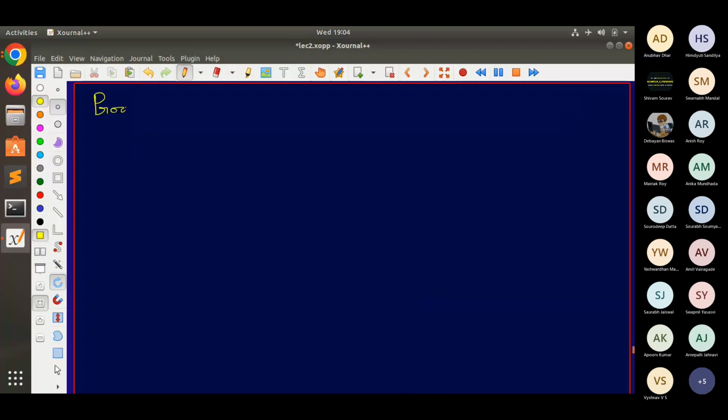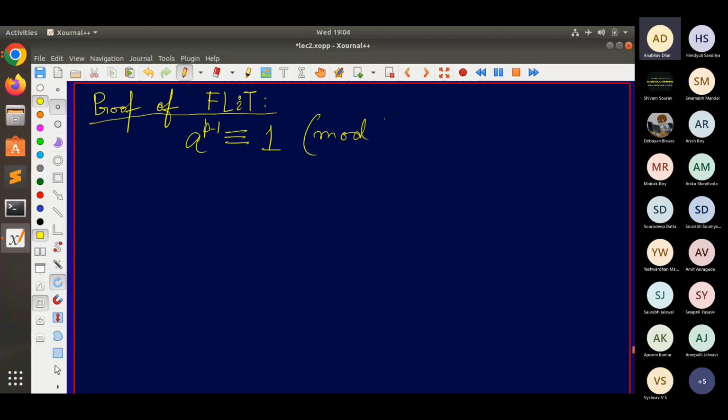Proof of Fermat's little theorem. Okay. So we wish to prove that for some prime p, this happens, right?